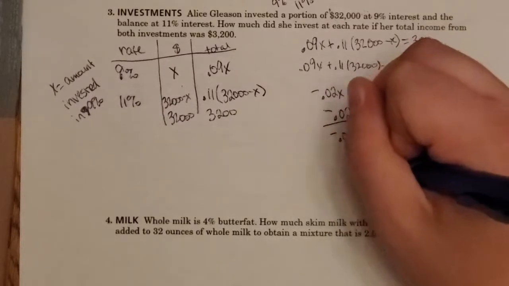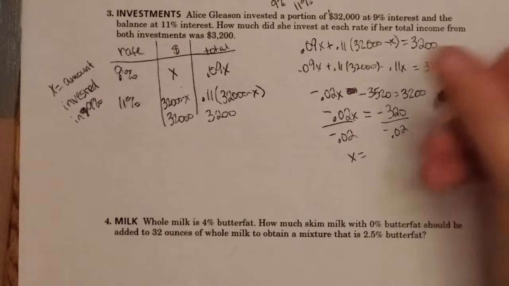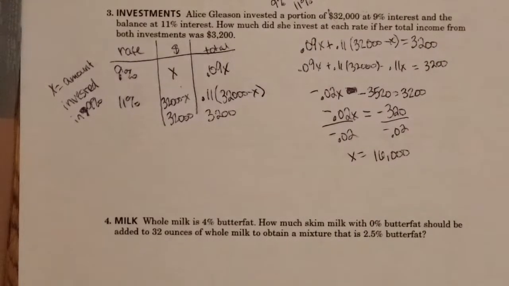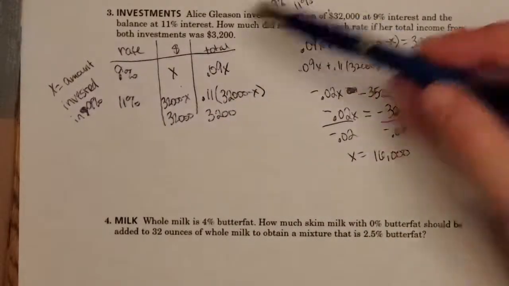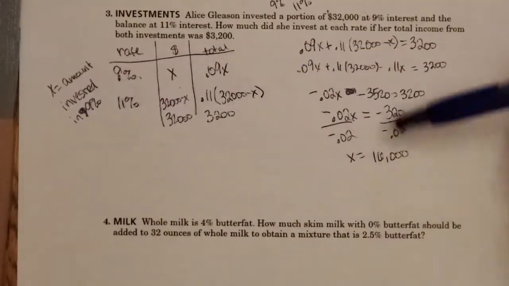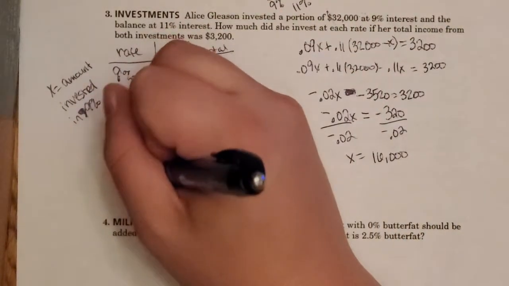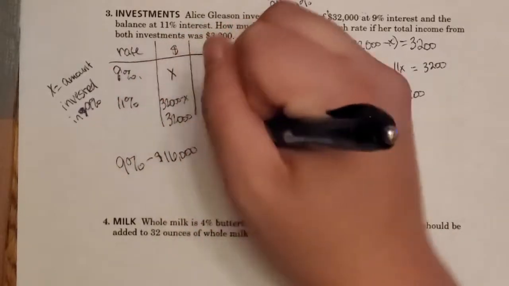And I get x equals 16,000. So that means that she invested $16,000 into 9%. So 9% has 16,000 invested.